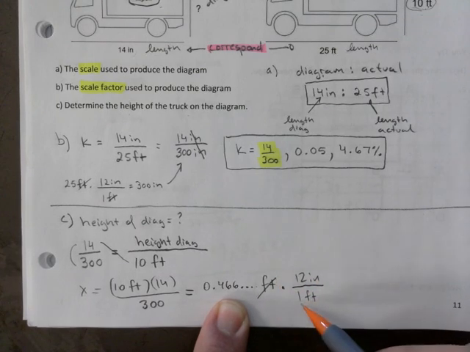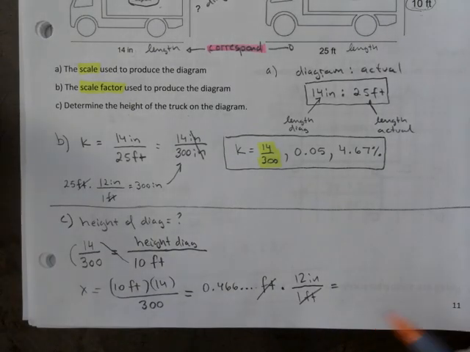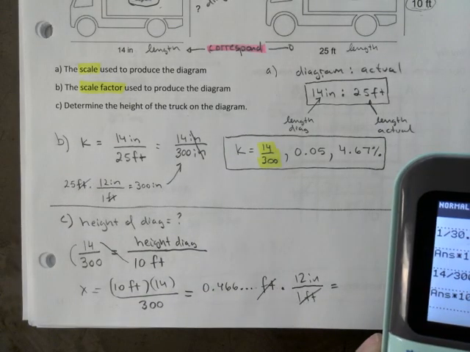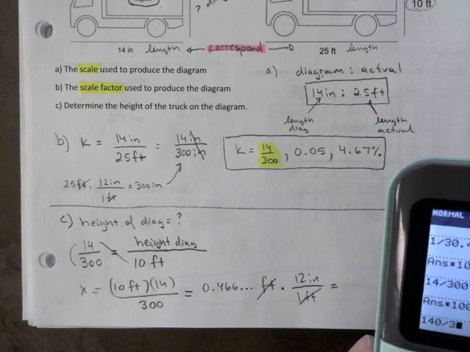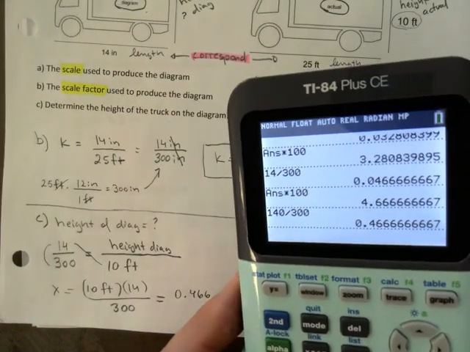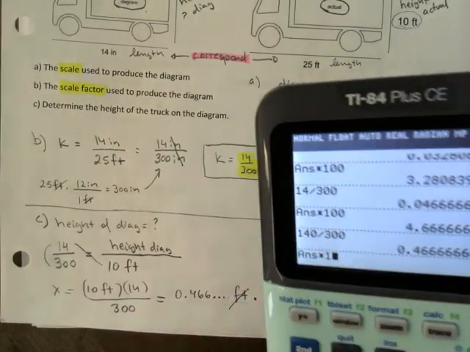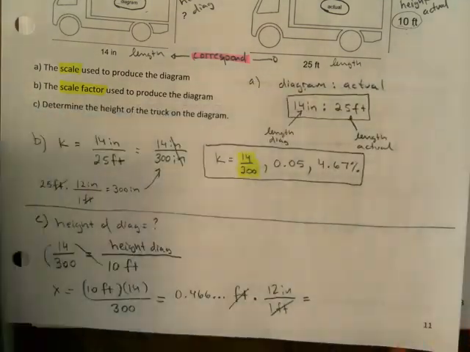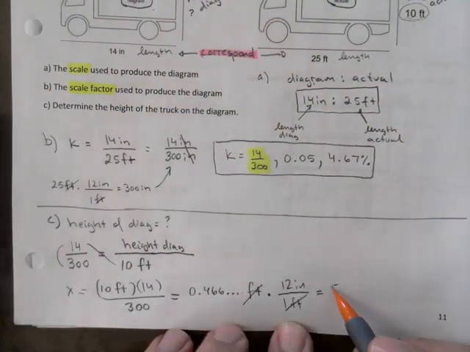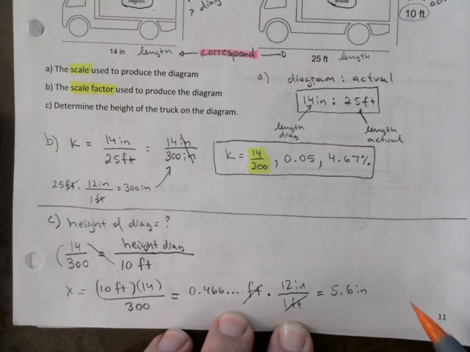That cancels these out. And then we get our final answer: 140 divided by 300, we multiply that by 12 basically. So that's 5.6 inches.